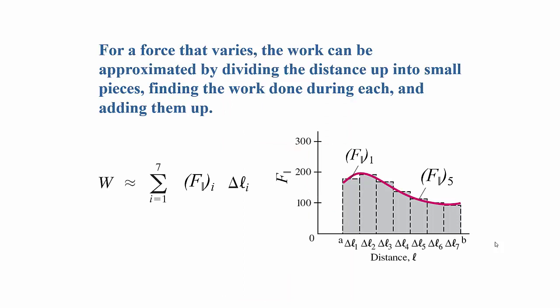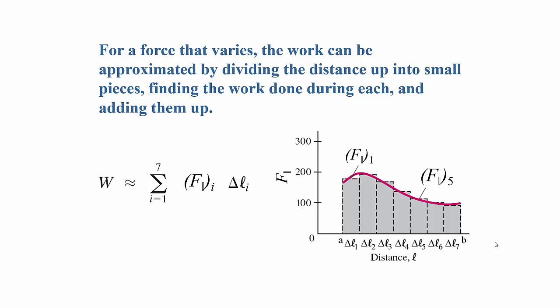So for a force that varies, the work can be approximated by dividing the distance up into small pieces, treating the force as being approximately constant over each of those small pieces, finding the work done during each little piece and adding them up. Again, this is the Riemann sum idea. This only gives us an estimate of the amount of work that's done.